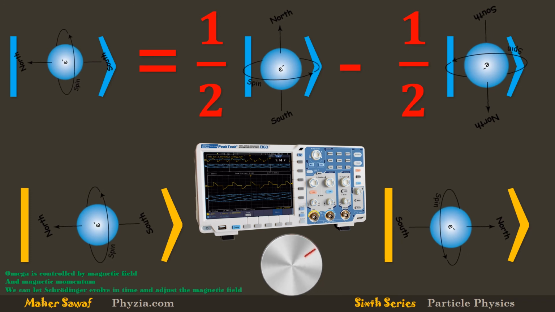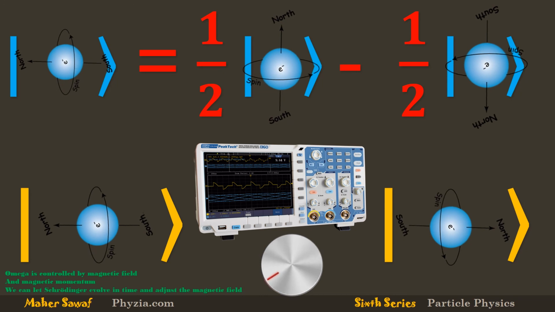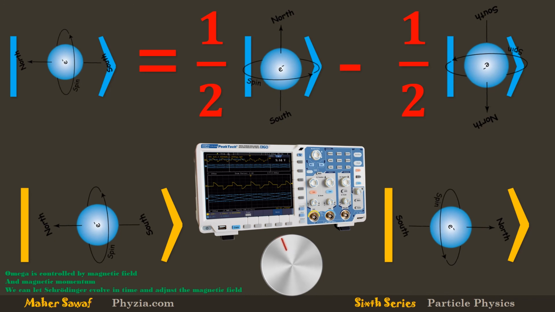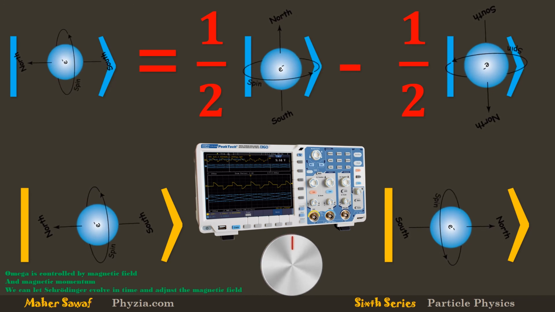We did that by manipulating the strength of the magnetic field along the z direction, so that we can change the maximum spin for the electron along the x direction to the minimum spin. This is the idea behind quantum computing, the Schrodinger equation, and building a device that can control magnetic fields, so we can change the spin of the electron from maximum value to minimum value.